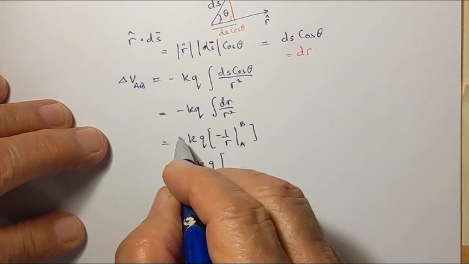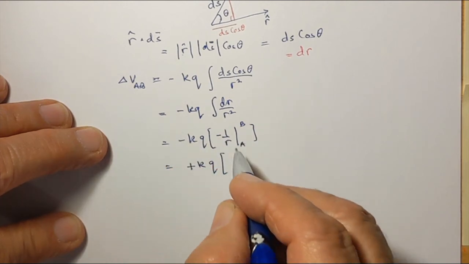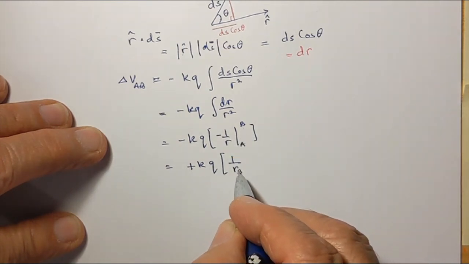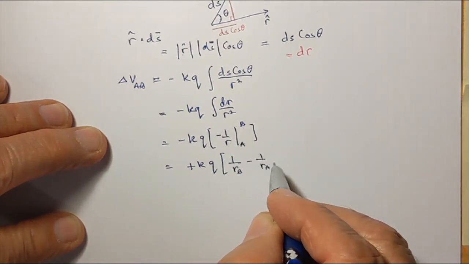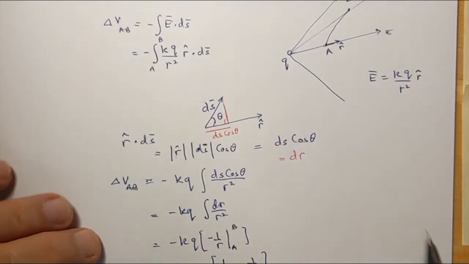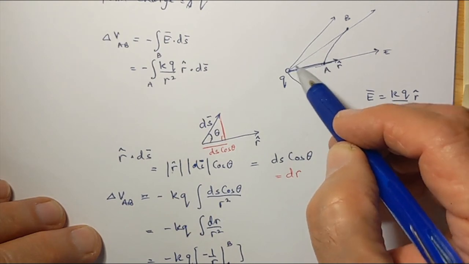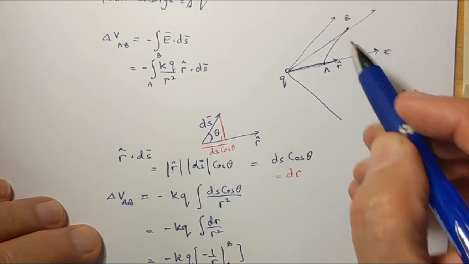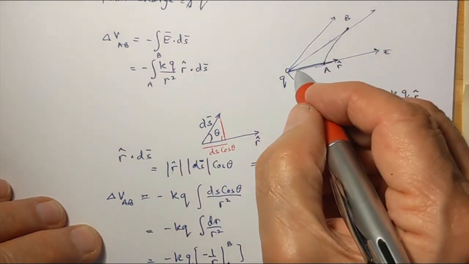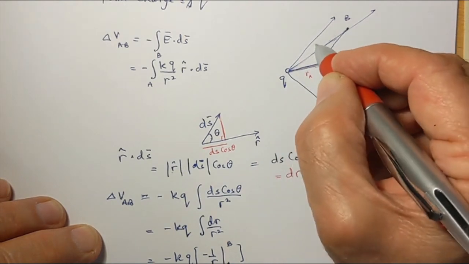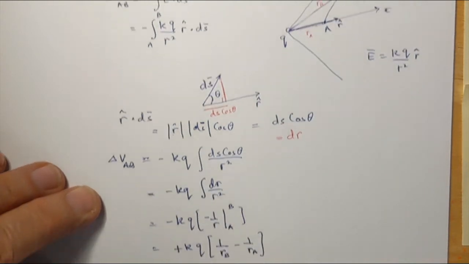We can take out the negative and make it a positive, and apply the limits. The upper limit becomes 1 over rb minus 1 over ra. So it becomes kq times, with ra being this distance, and rb being this distance. So this is ra, and this is rb, just their magnitudes.